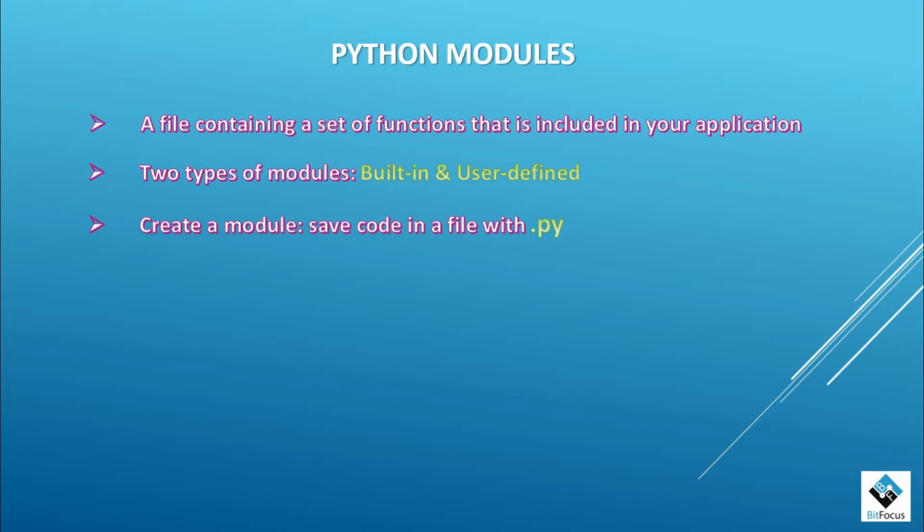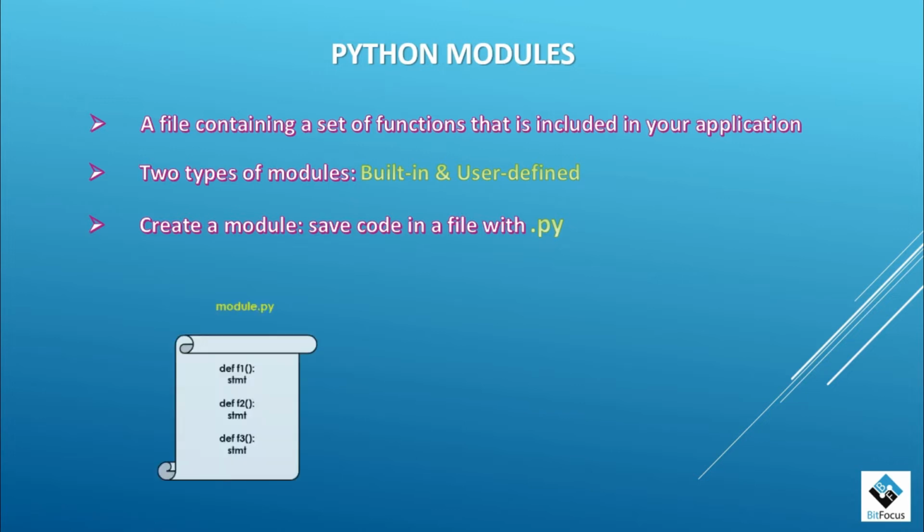So how to create a module? It is very easy. You create a file with extension .py like ordinary files, and then we create some functions or variables, and after a while we can import it in our application.